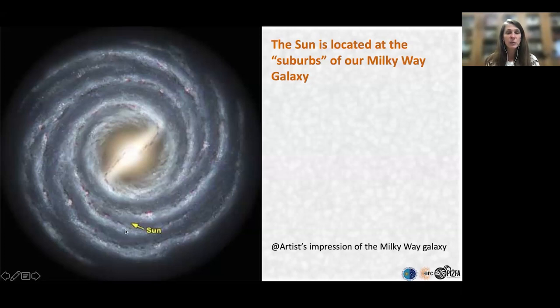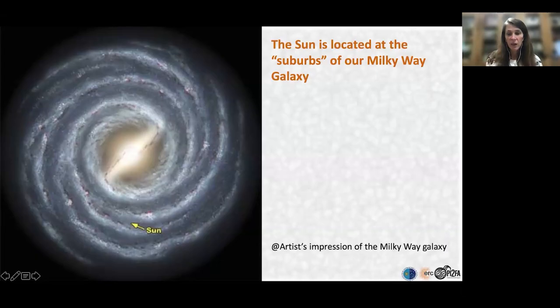This is like living in the suburbs of a big city. It's still close to all this energy and environment, but it's sufficiently quiet so life can develop around the sun. Thanks to this peculiar location of the sun in our galaxy, we can actually have life on our planet.